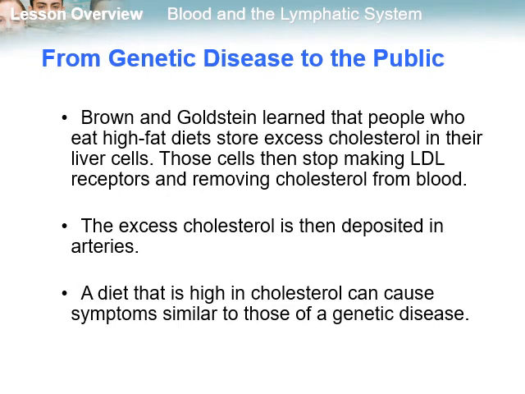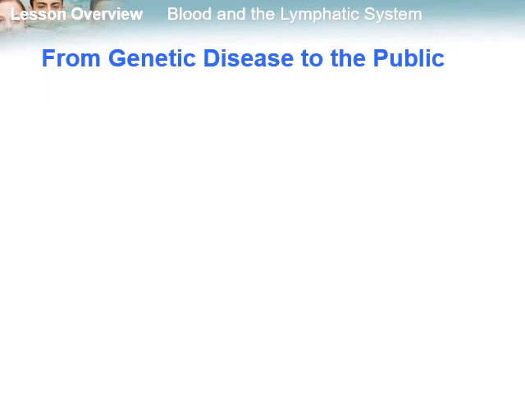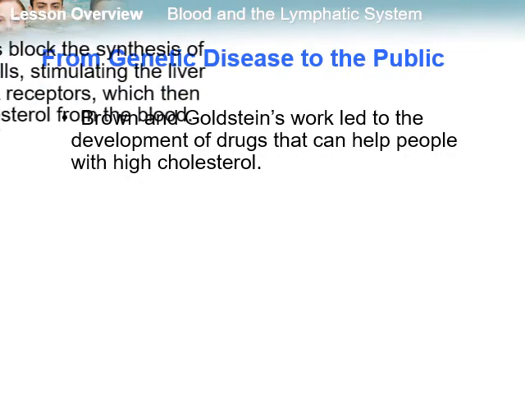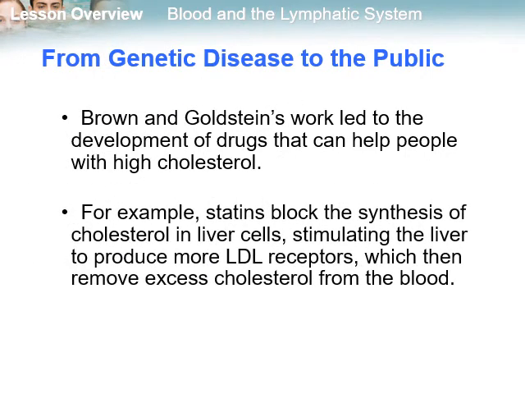A diet that is high in cholesterol can cause symptoms similar to those of a genetic disease. Brown's and Goldstein's work also led to the development of drugs that can help people with high cholesterol. For example, statins block the synthesis of cholesterol in liver cells, stimulating the liver to produce more LDL receptors, which then remove excess cholesterol from the blood.